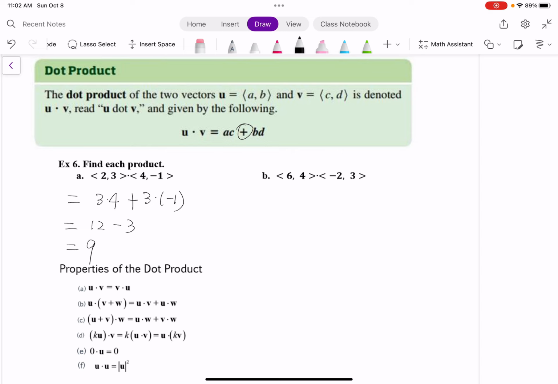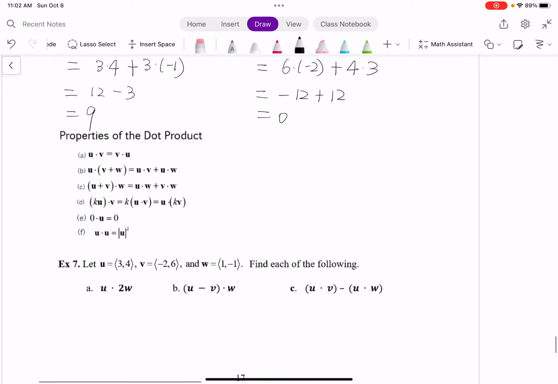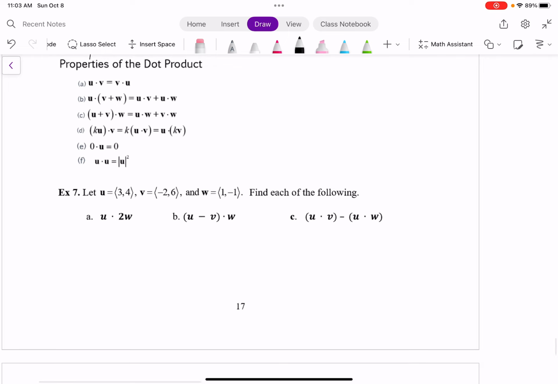So the solution is 9. And how about the next one? The dot product between two vectors: negative 6 times 2, and plus 4 times 3. So we have negative 12 plus 12. Oh, I got 0.